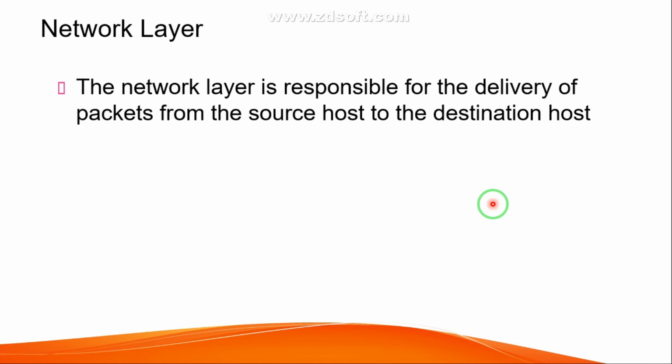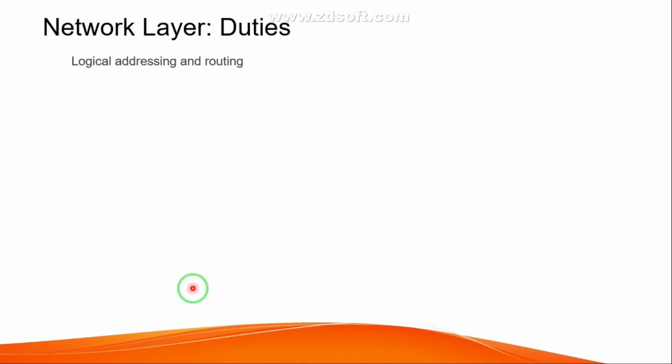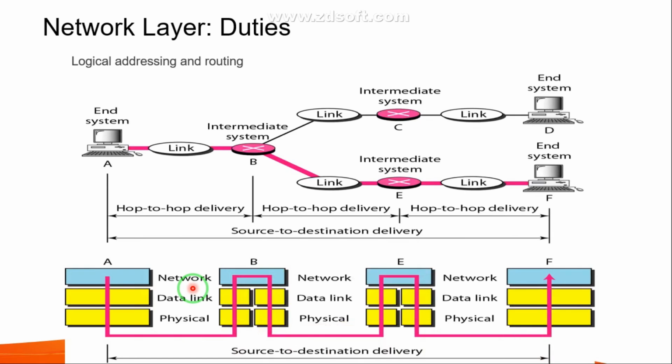And the data present at this layer is called packets. Remember. So from the transport layer, the network layer receives the data, makes the encapsulation and gives it to the lower layer, that is your data link layer. Now, what are the different duties of the network layer?